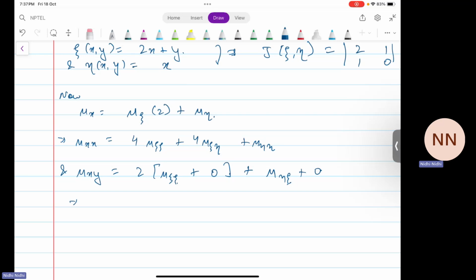So uxy is equal to 2u zeta zeta plus u eta zeta.